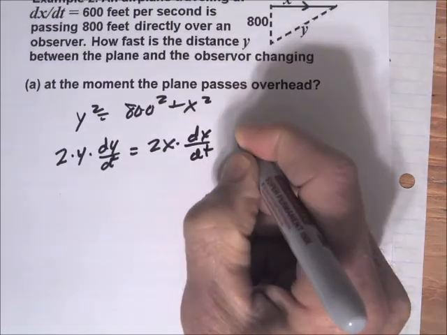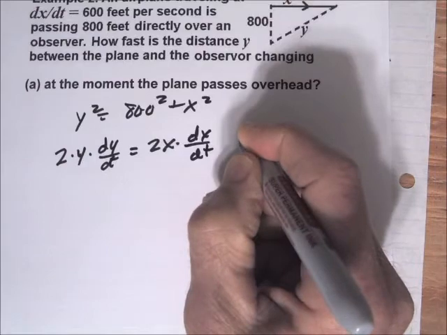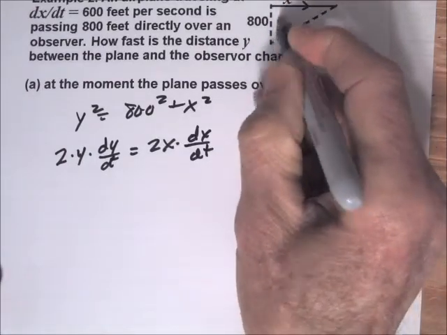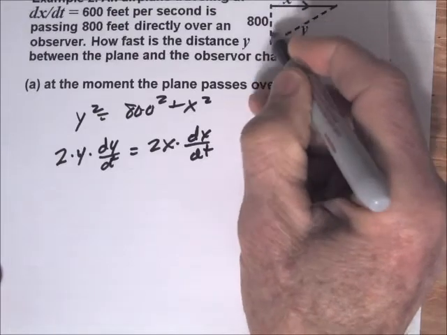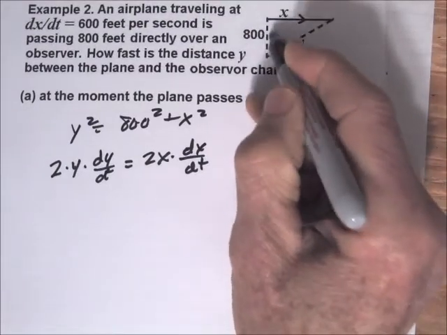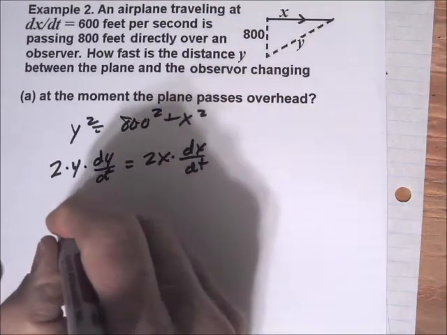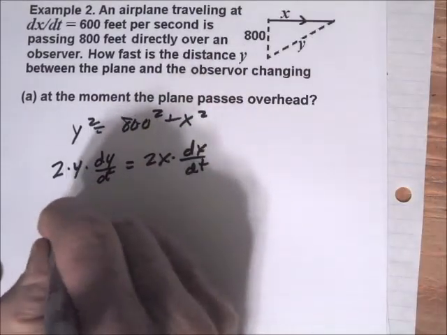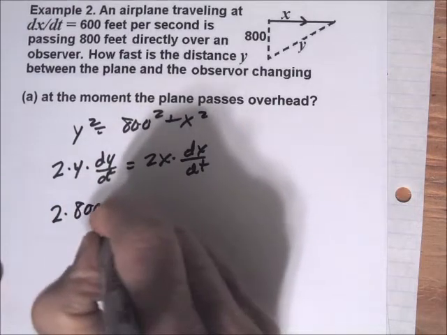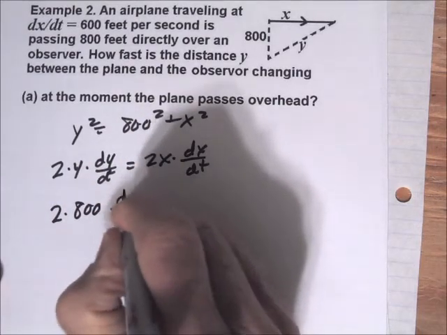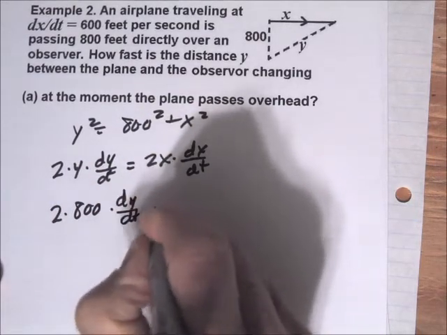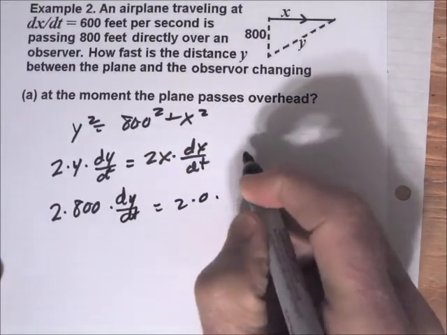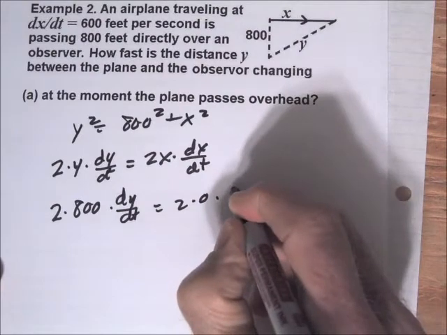And at the moment that the plane is passing overhead, y is the distance between the observer and the plane. The plane is directly overhead, so y is going to be 800, and x is going to be 0. So we have 2 times 800 times dy/dt equals 2 times 0 times dx/dt, which is 600 feet per second.